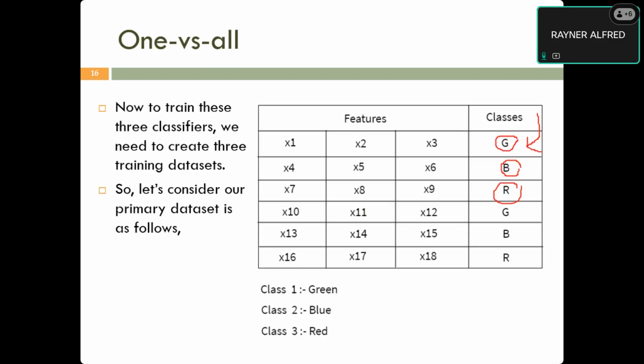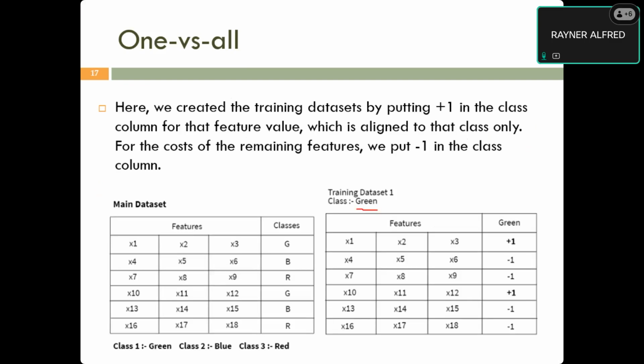Other than that, for example the blue and the red, you must convert them to a common one. For example, you call it all. So from 3 labels to 2 labels. So in this example, the green is positive, and the rest is negative.